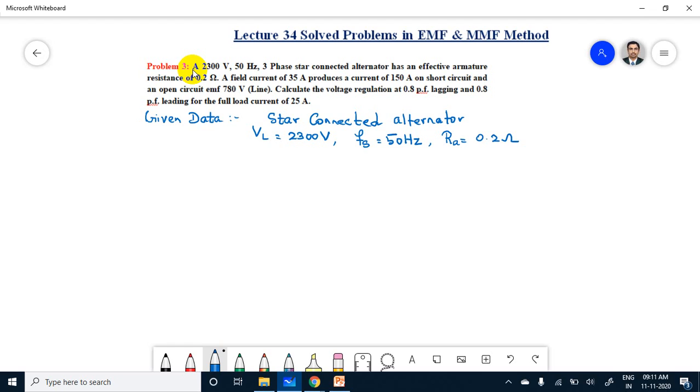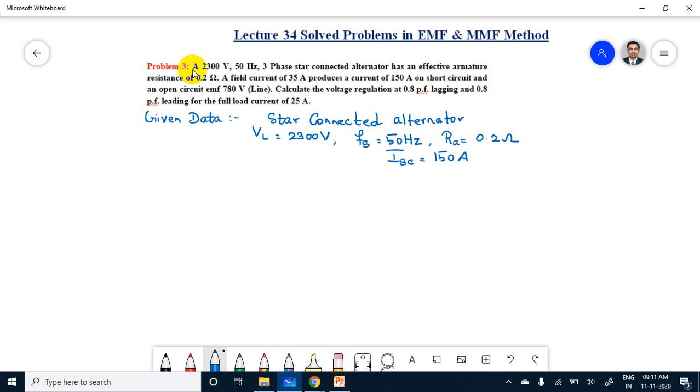A field current of 35 ampere, that is IF equal to 35 ampere, produces a current of 150 ampere during short circuit condition, that is ISC. The short circuit current will be 150 ampere, because when the machine is short circuited the current value is very high.